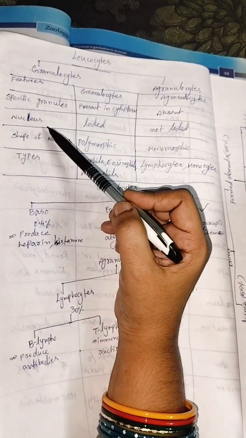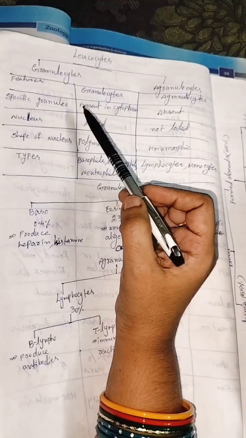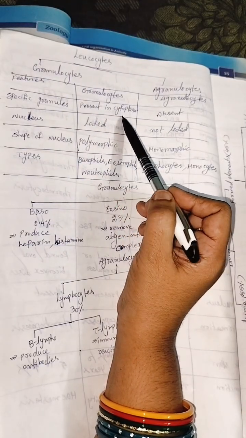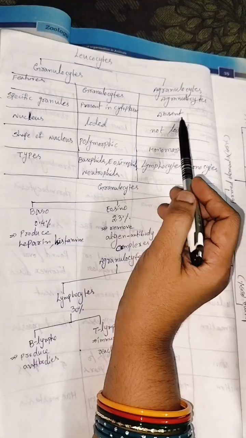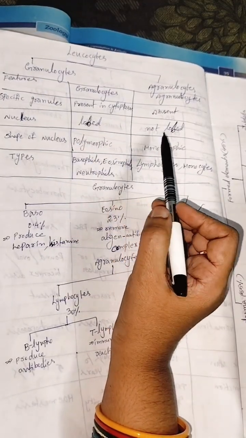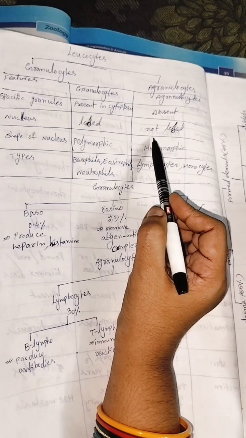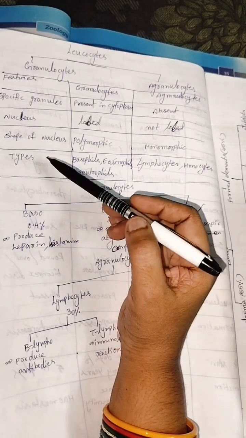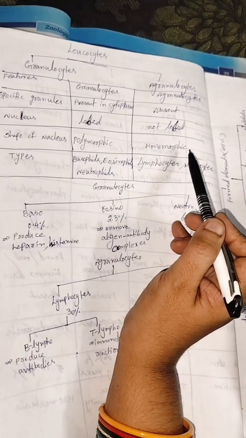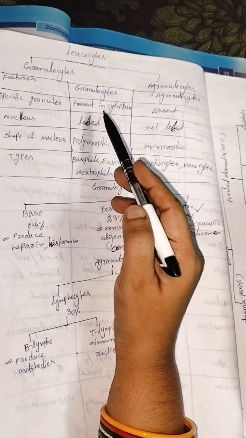Specific features. Specific granules are present in the cytoplasm of granulocytes but absent in the agranulocyte. The nucleus is lobed, and in the agranulocyte the nucleus is not lobed. Shape of nucleus is polymorphic in granulocytes, monomorphic here.